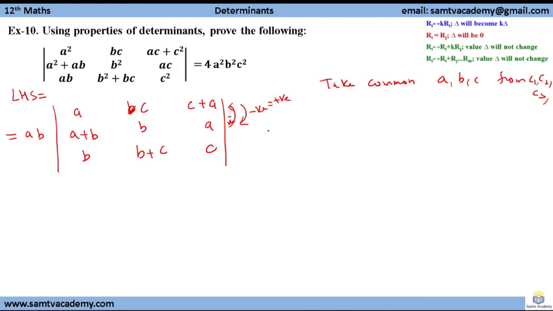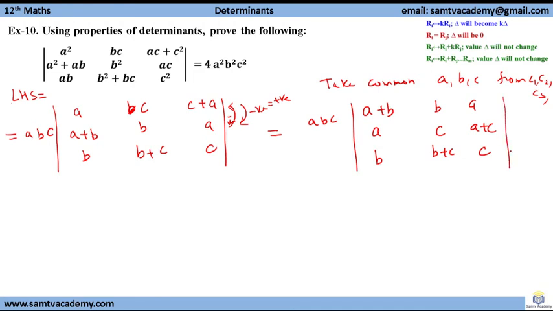So after interchanging, A plus B is here and B and A, and we have interchanged R1 to R2 and R2 to R1, so R1 will become A, C and A plus C. Now B plus C and C. We are doing this because if we apply the operation, it will be easy to understand, adding R1 plus R2 plus R3 and subtracting R1.